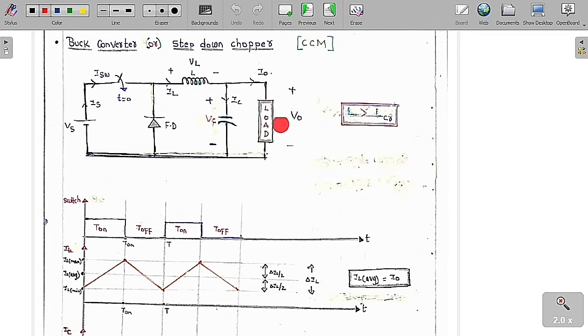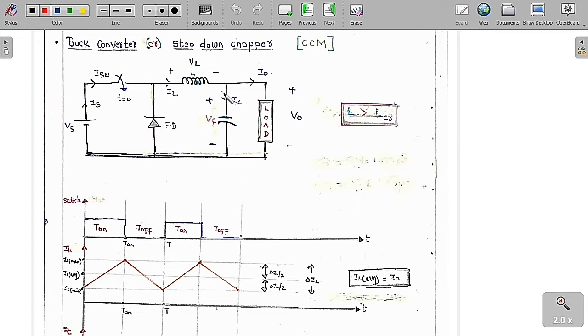The voltage across the capacitor cannot change instantaneously, so there will be no large variation in the output voltage. I am also going to assume that whatever value of inductor I choose is always greater than LCR, which is the critical inductance.